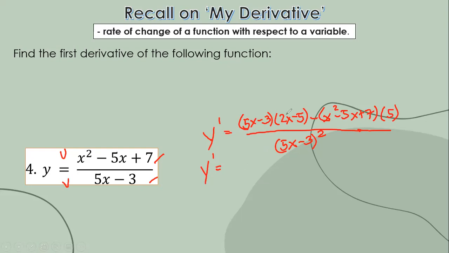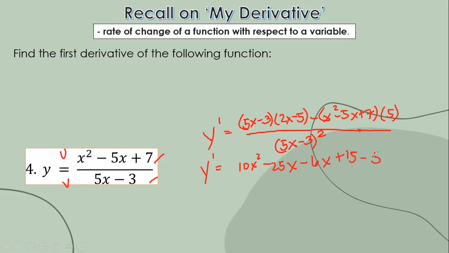We just have to simplify our derivative. So 5x whole method lang. We have 10x squared and then minus 25x minus 6x plus 15. Okay.